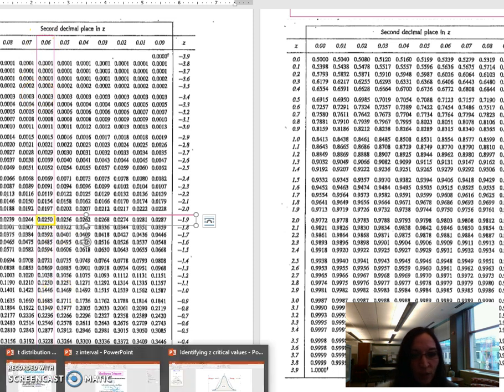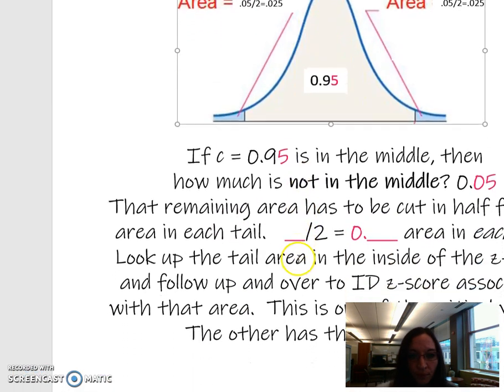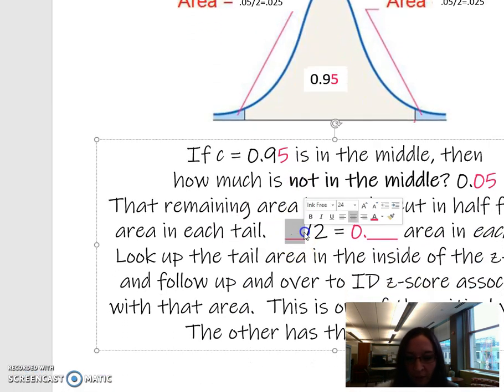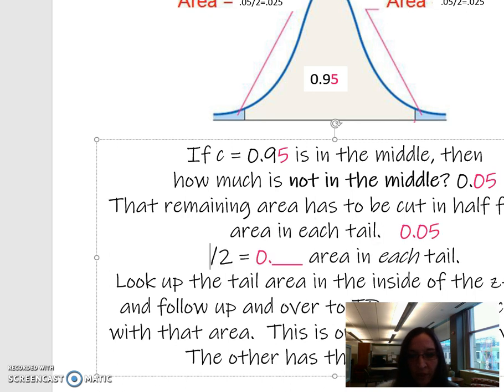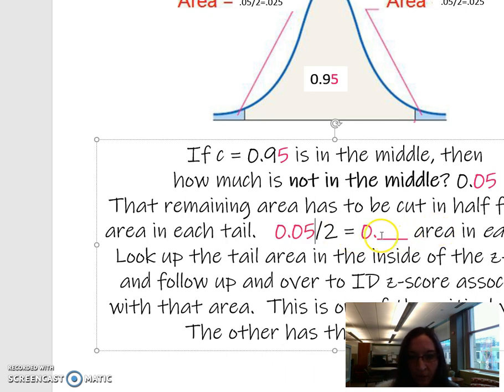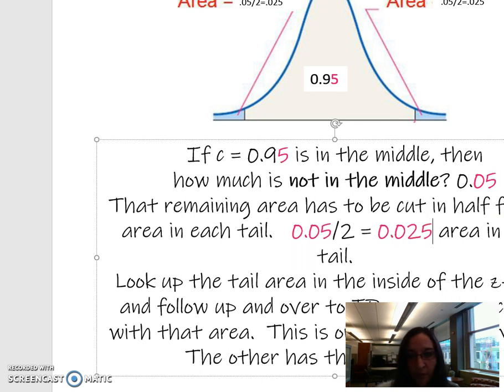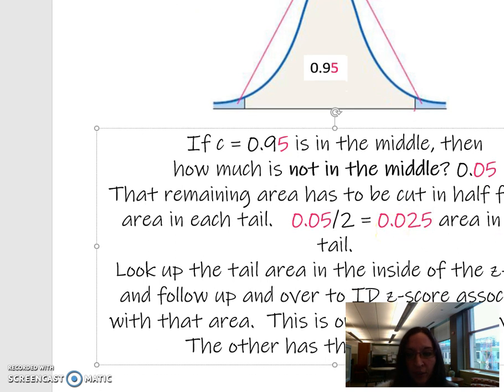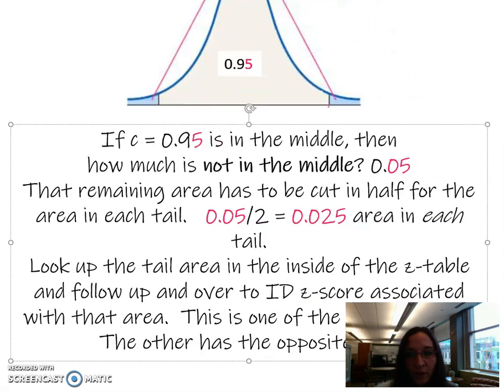So going back to the file I started with, the area in each tail, 0.05, cut in half is 0.025, and we looked up that value inside of the table and we found a z-score of negative 1.96.